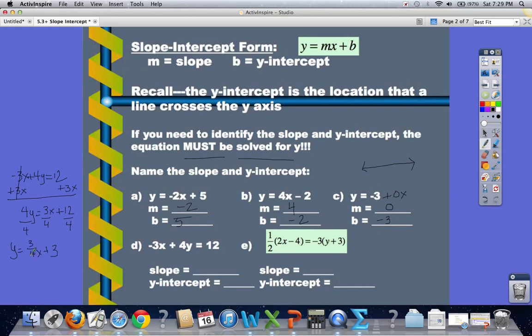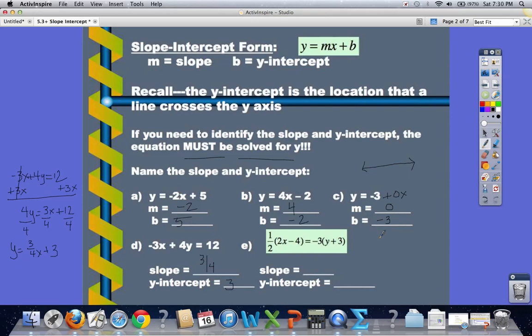The slope is your m, which is always attached to your x. So that's going to be 3 over 4. And then my y-intercept will be whatever's left over tagged onto it, plus 3. Okay?